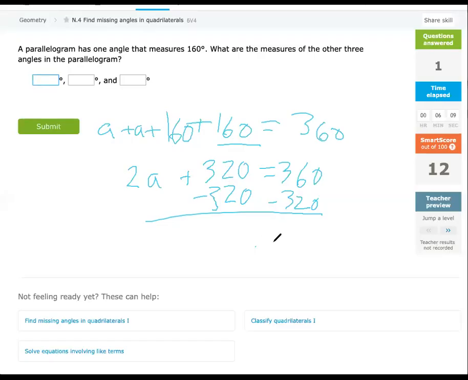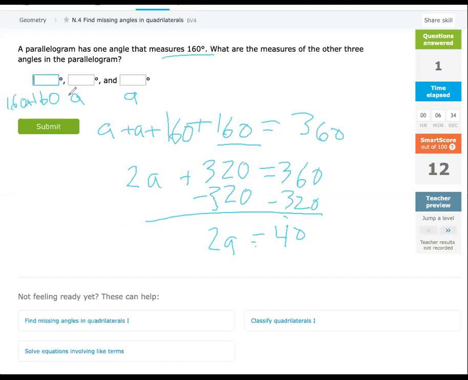All right, to save you a little bit of time here, we're subtracting 320 from both sides because I know 2 of the angles already. So this is going to come down to 40 is equal to 2A. My missing angle is going to be A, and this one we already know is 160, and the other we know is 160 right there.